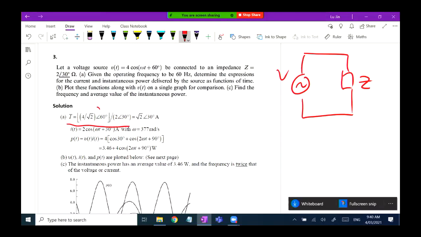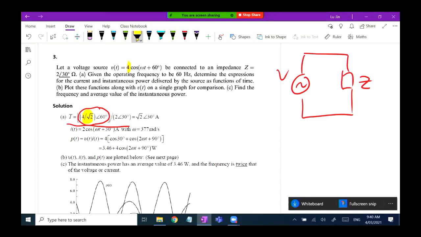But here, the voltage has already been in the phasor form. So in other words, this calculation is carried out in the phasor domain, not in time domain. Okay, and don't forget, you must convert the amplitude in time domain to the root mean square value as the magnitude for the phasor.